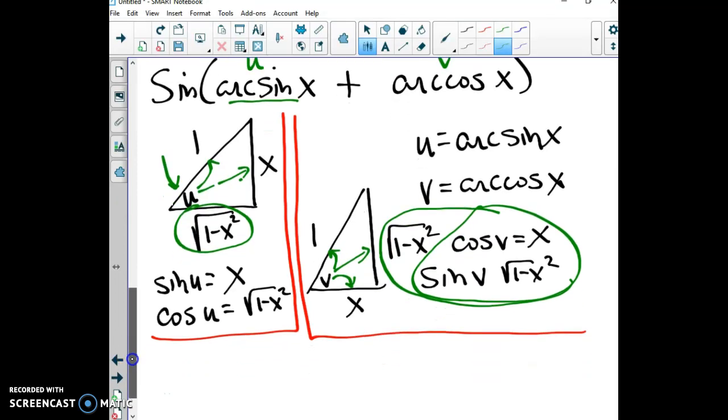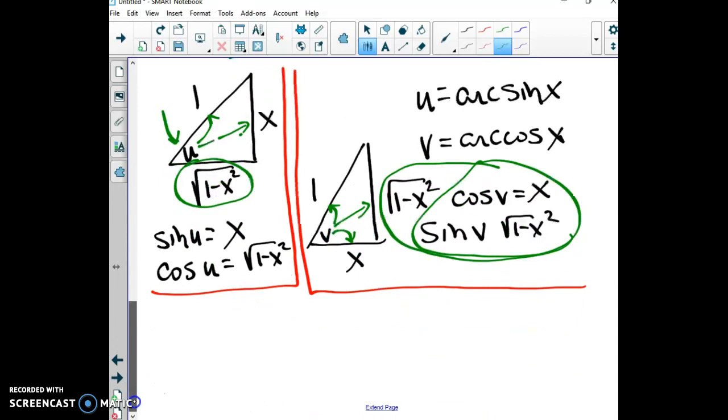So we're going to take those and plug them into sine u plus v, and that was sine u cosine v plus cosine u sine v. That looks like a bunch of gobbledygook. So we're going to plug those in.